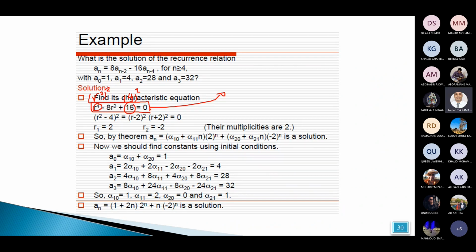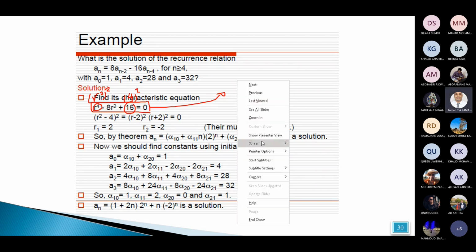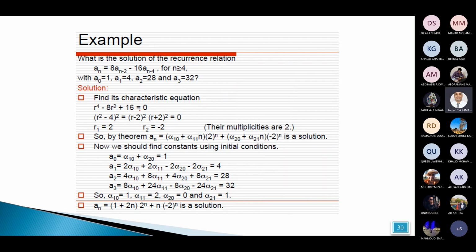So you can consider this equation a perfect square, a difference of squares. It's actually r power 2 minus 4, minus because we have minus here, all power 2.